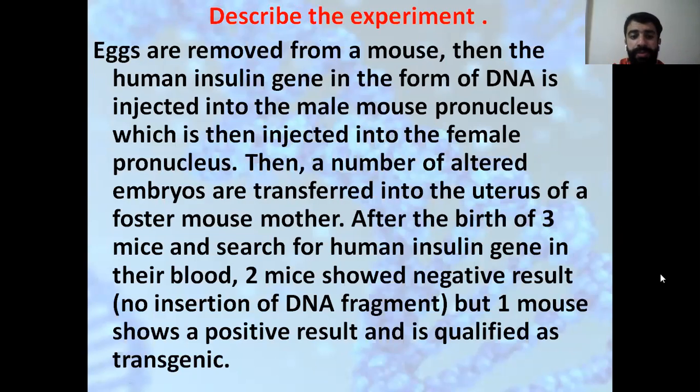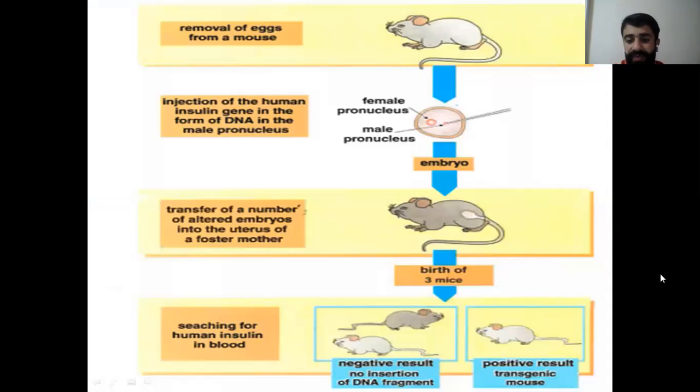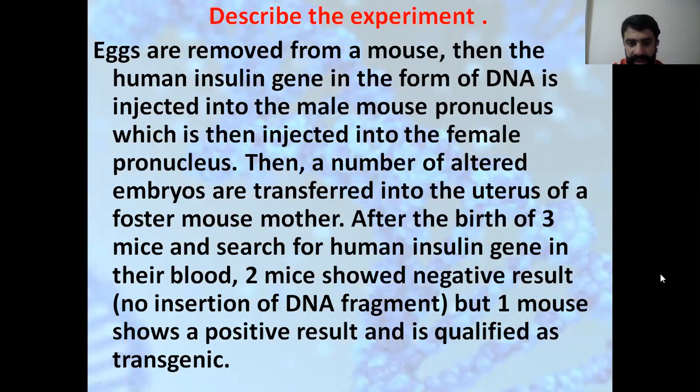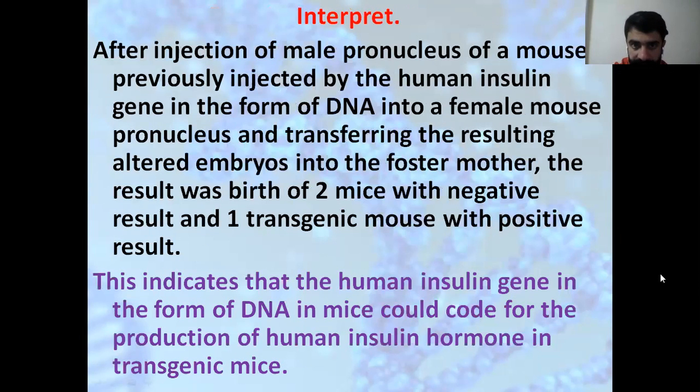After the birth of the 3 mice and the search for the human insulin gene, we have 2 negative results and 1 positive result. 2 negative results mean that there is no insertion of the DNA fragment coding for the insulin gene, and 1 mouse showed a positive result, meaning that it's qualified as transgenic.